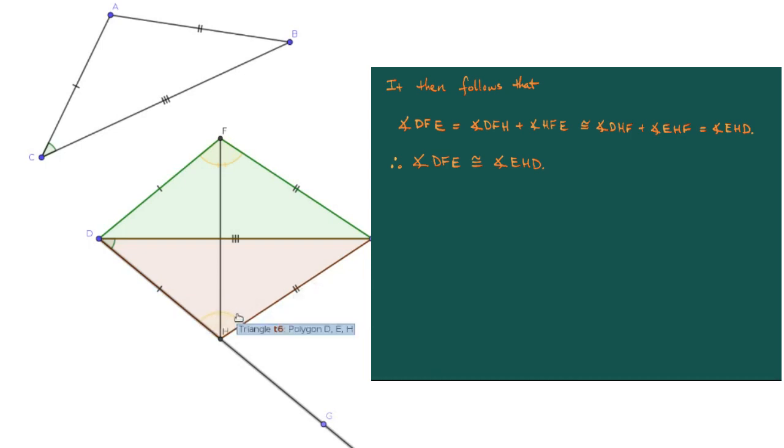We know that the angle is going to be congruent, and the sides adjacent to that angle are going to be congruent, and so the green triangle and the red triangle are congruent by the side-angle-side congruence theorem.